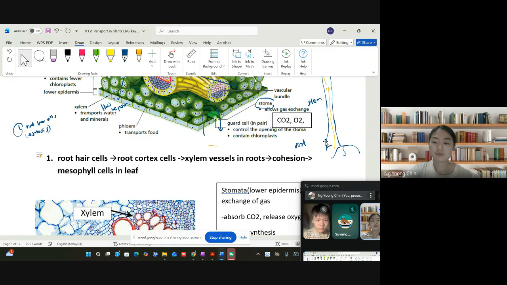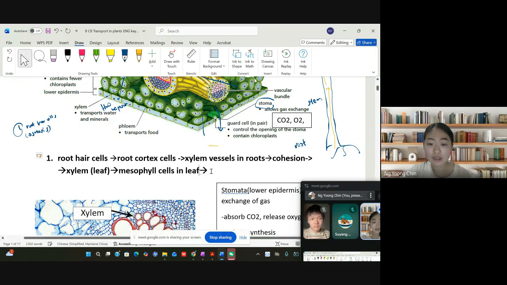Before that, they will reach the xylem vessel in the leaf. Only then can they get into the mesophyll cell in the leaf. So they also travel by osmosis, and then they undergo evaporation and become what?